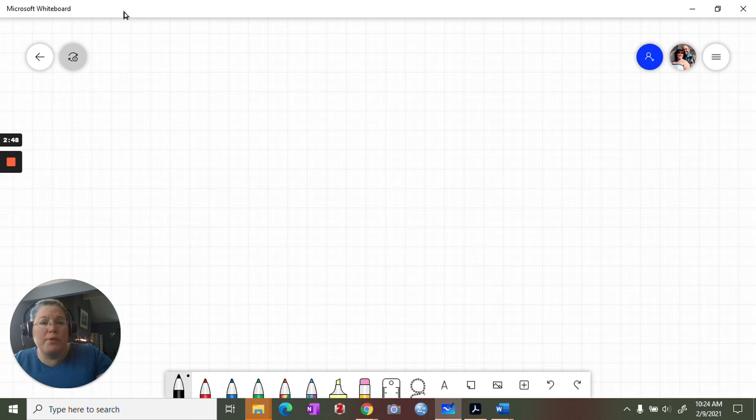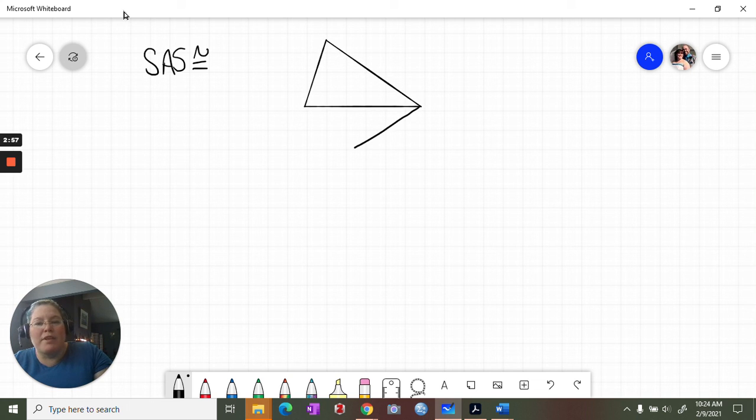Case 2 is side-angle-side. So again, let's get some triangles here. So maybe I have one that looks like this, something like this. Let's see if I can stretch that. I don't know if it's going to let me. Let's delete that. It won't let me delete. Okay.